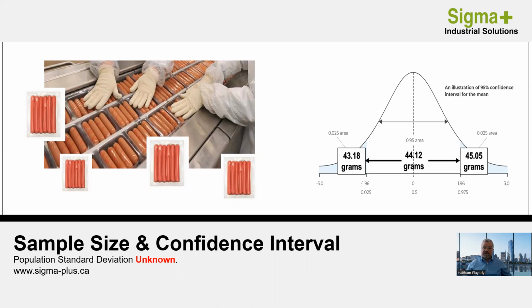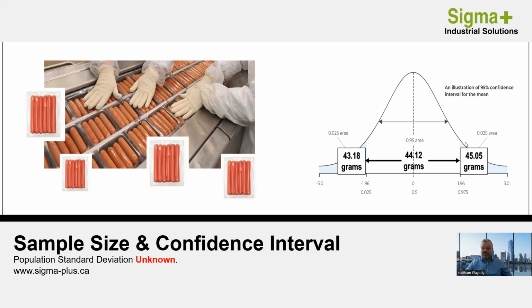Today, we're going to take an example from the food industry where we can calculate the average population mean with the margin of error, and also calculate the sample size corresponding to a certain level of margin of error.